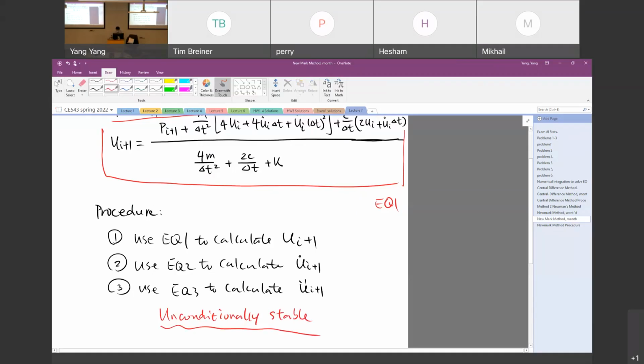That means you can have a very large time step, and your program can still give you some numbers. The accuracy may be compromised, but the procedure is stable. That's one benefit of the numerical method. Very smart method.